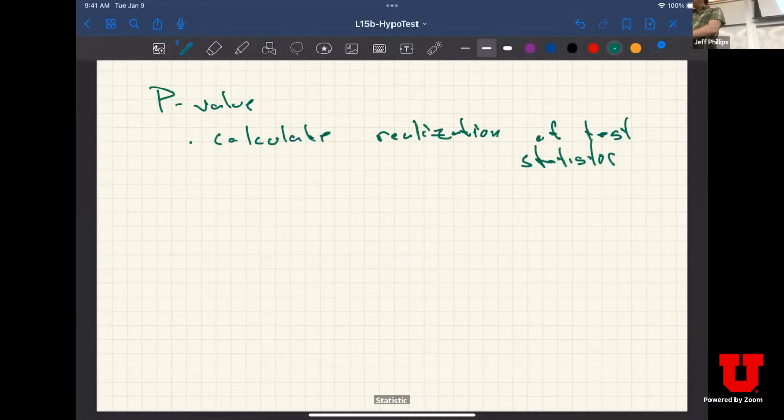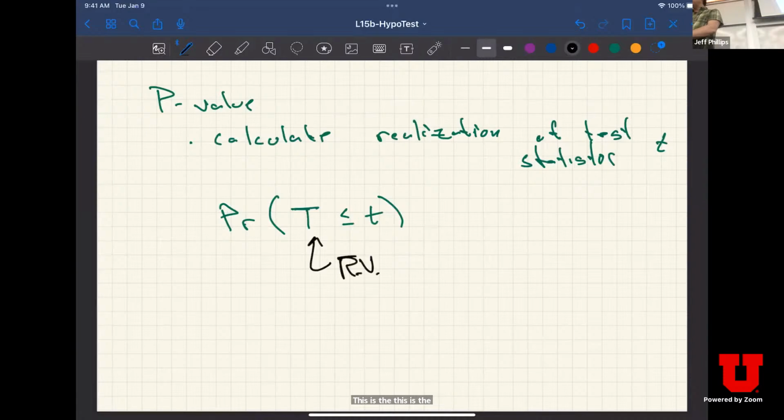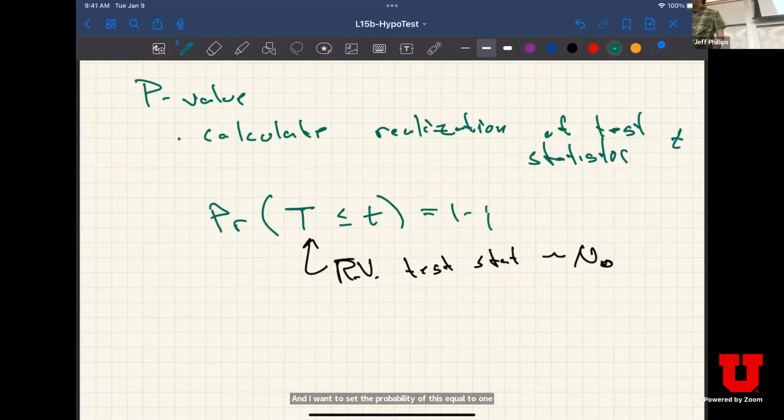and I'm going to call this t, and then I want to determine the probability that this is the random variable test statistic from the null distribution, and I want to set the probability of this equal to 1 minus p. Then I need to solve for the value p.